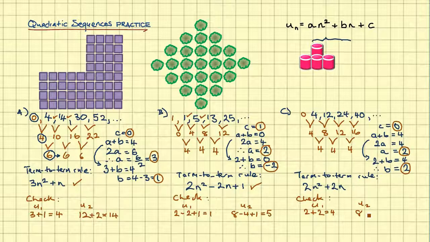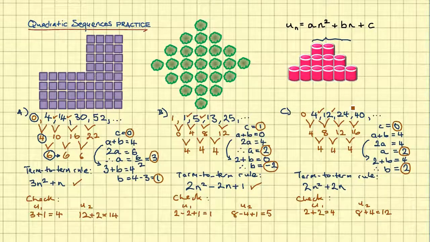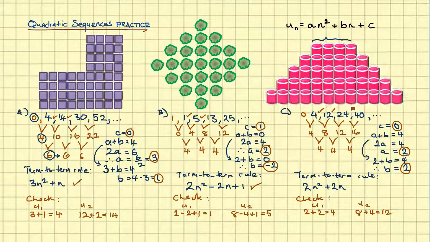Plus 2 times 2, 4. 8 plus 4 equals 12. And here our first term is 4 and our second term is indeed 12. Let's just put this back. There we go. So everything seems to have worked out. 2n squared plus 2n must be my term-to-term rule.